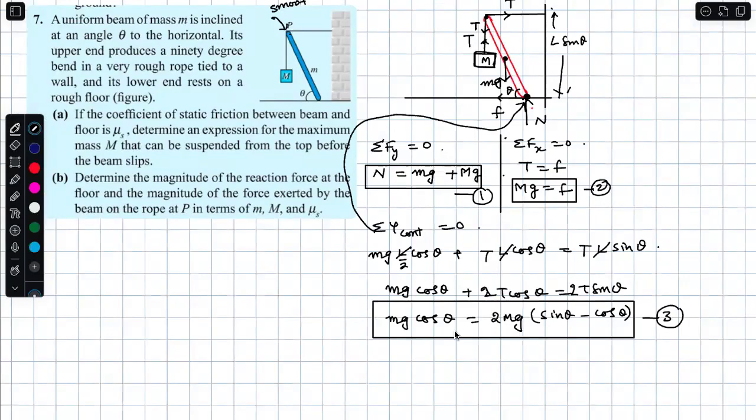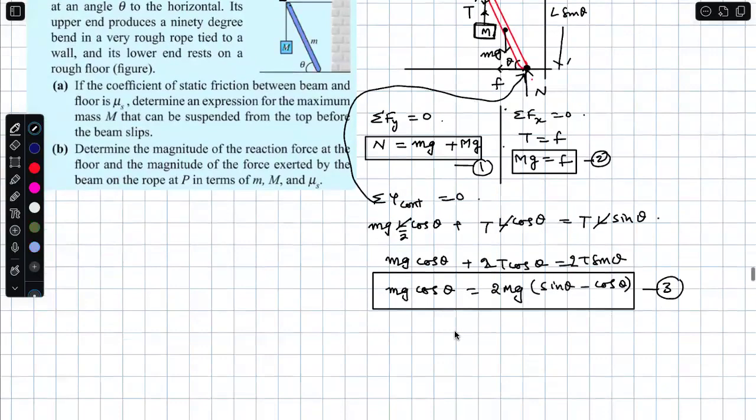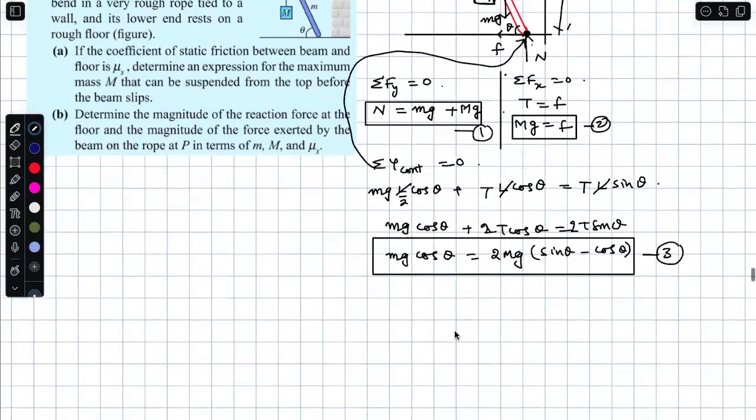What do you want basically? Find the coefficient of static friction between the beam and the floor, and determine the expression for the maximum value of M that can be suspended from the top before the beam slips. Very clear.